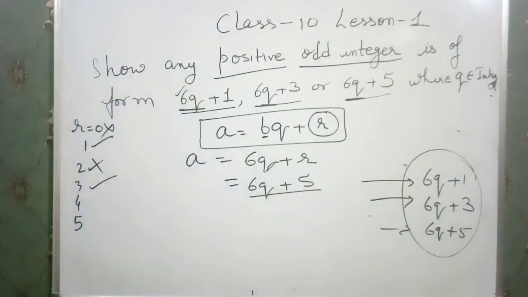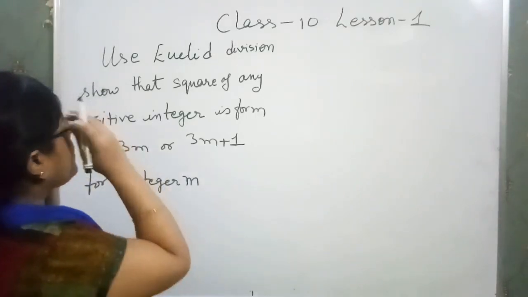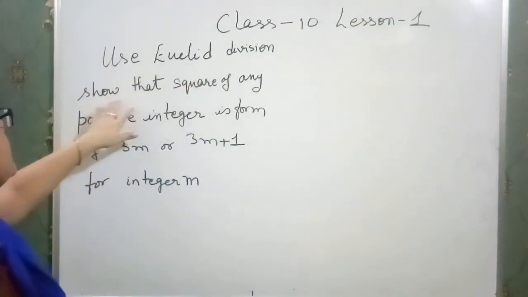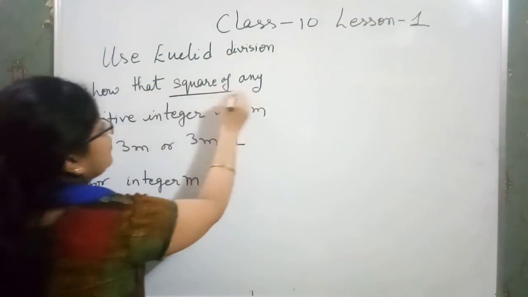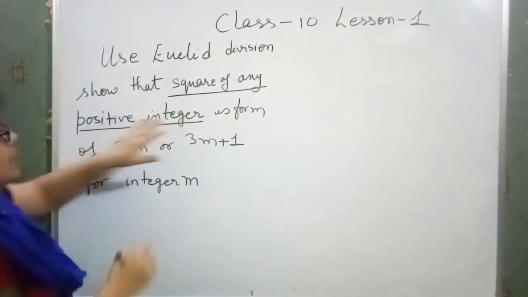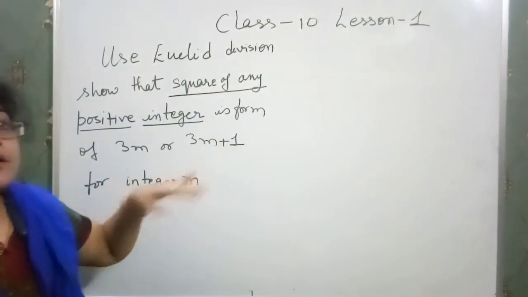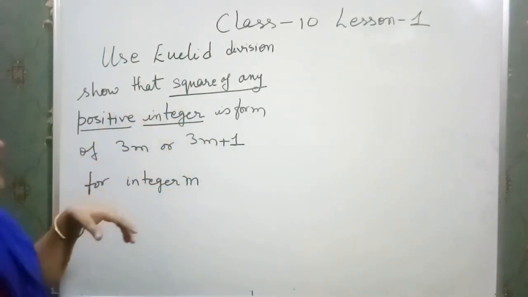Now watch another question. Use Euclid division to show that the square of any positive integer is in the form of 3m or 3m plus 1. Square of any positive integer.